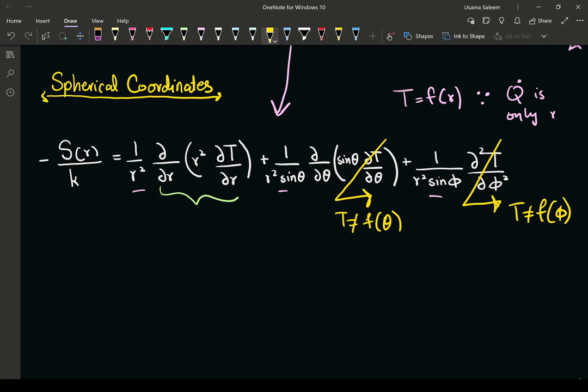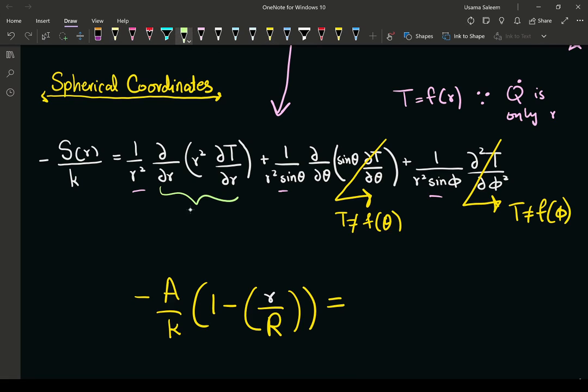All right, let's go. If you remember the source term, it was negative a over k times 1 minus, and uppercase R is the radius of the sphere. And that is going to equal this: the radial term is the only one that survived.